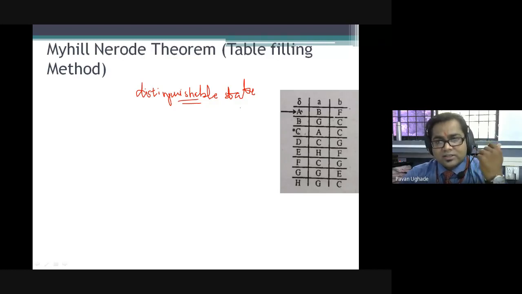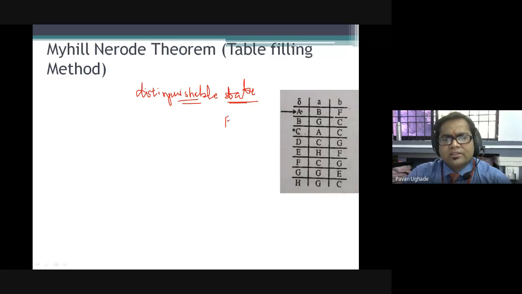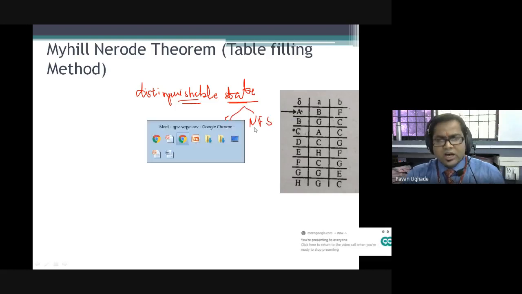Now it belongs to the states. We have the states in this example: A, B, C, D, E, F, G, H. Now what kind of distinguishability can you perform here? On what basis can this be distinguishable? It is basically distinguishable between only the final state and non-final state. This is the distinguishable property in our problem.